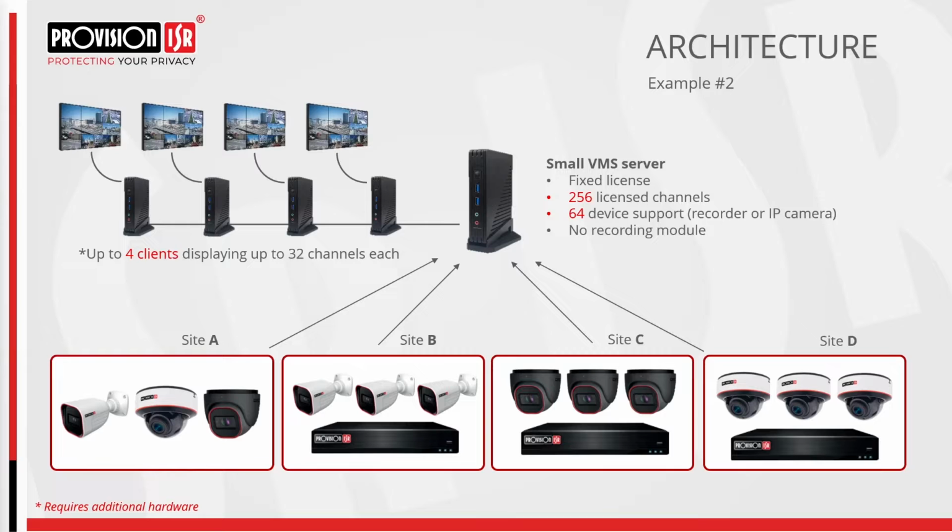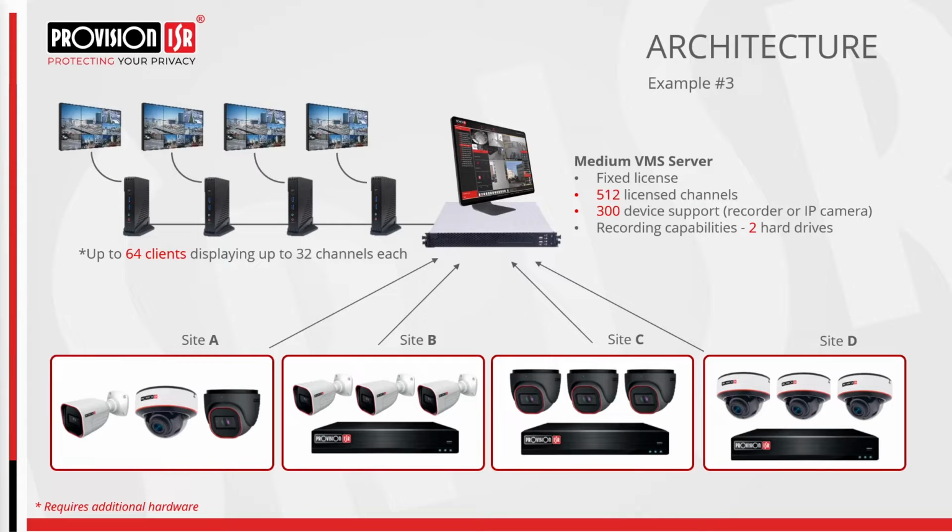Moving on, we have a similar setup to the previous one, utilizing the small server purely as a server. However, in this configuration, you can connect up to 4 clients, with each client capable of displaying up to 32 channels in real time. Now turning our attention to the medium server, similar to the small server, it operates with a fixed, non-expandable license.